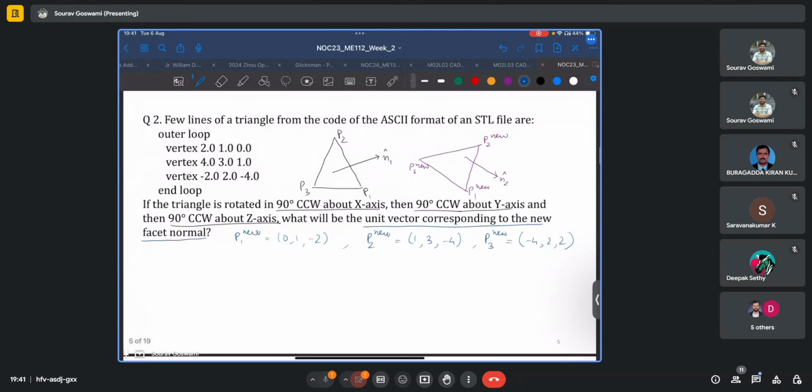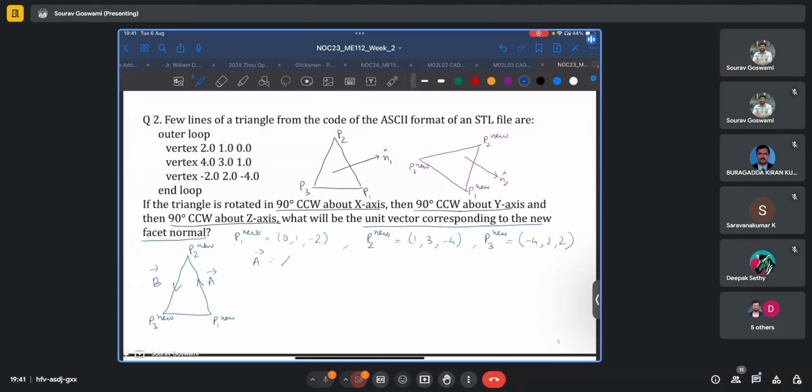So if this is our triangle, P1 new, P2 new, and P3 new, we can use the vector product or the cross product to find the facet normal. So say the vector P1P2 can be denoted by A, and the vector P2P3 can be denoted by B.